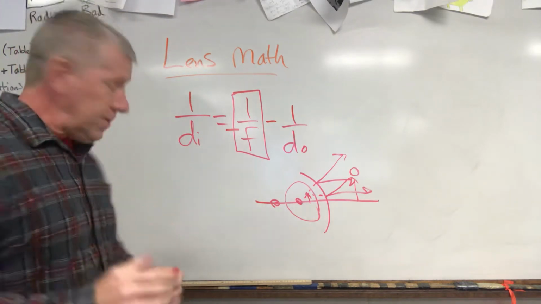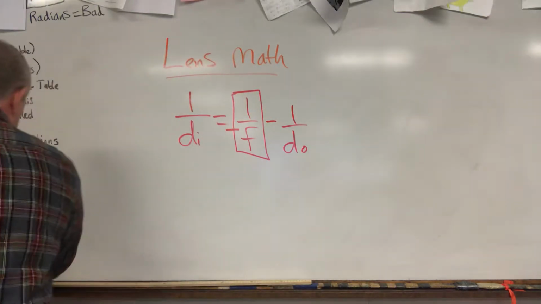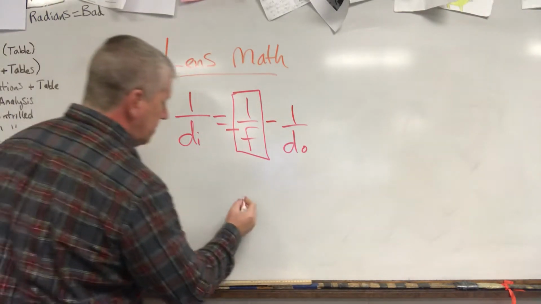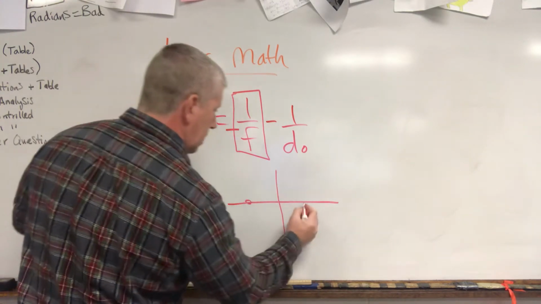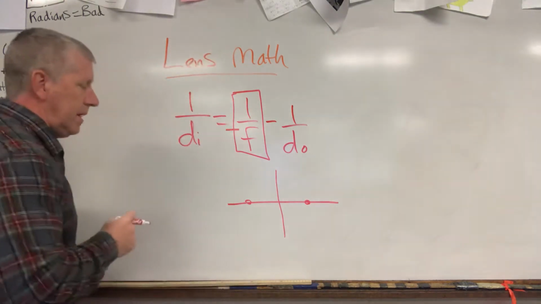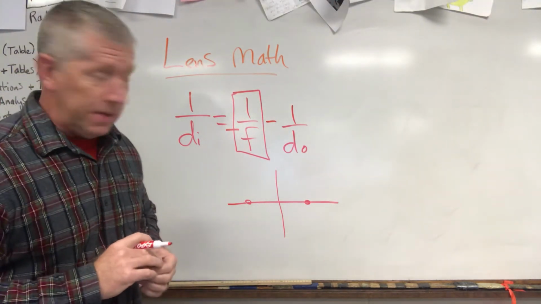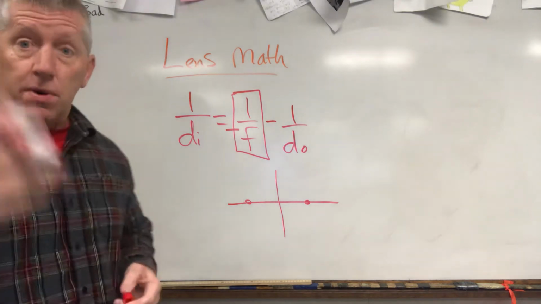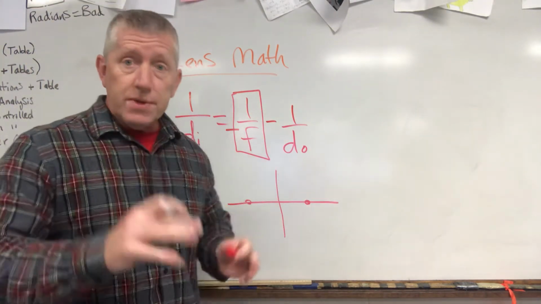Now with the lens, if we have a diverging lens, okay, here's my lens drawing set up for any lens drawing. We set it up like this. We went through 3 examples of lens drawings. So we always do the same setup.